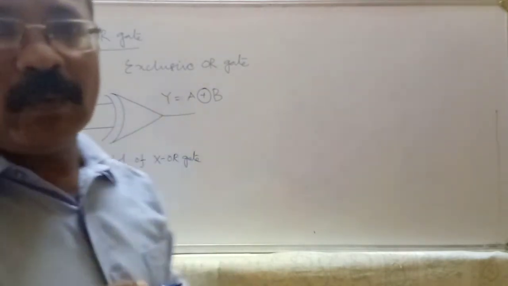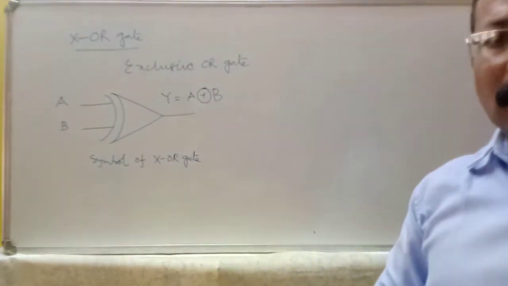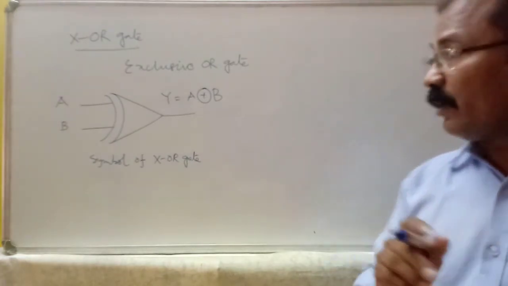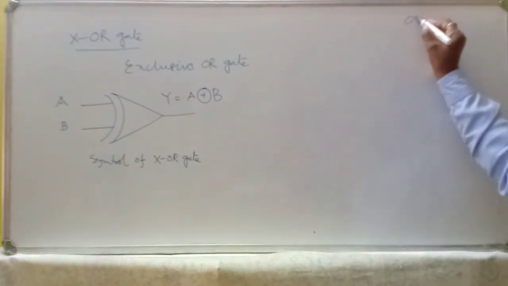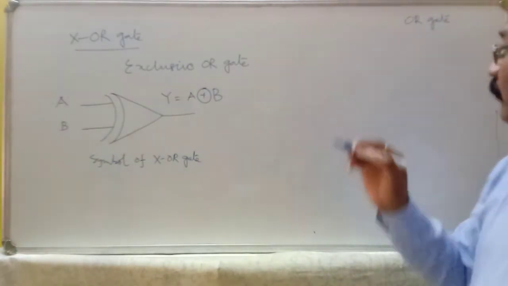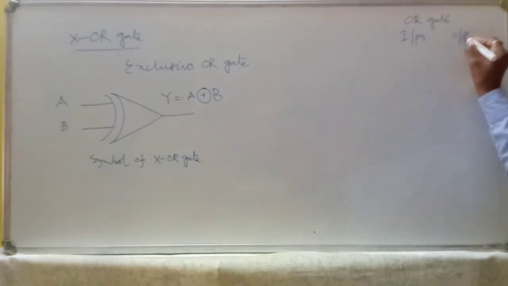Before talking about this XOR gate, once again we have to remember the OR gate. The OR gate is used for logical addition. These are the inputs and this is the output.